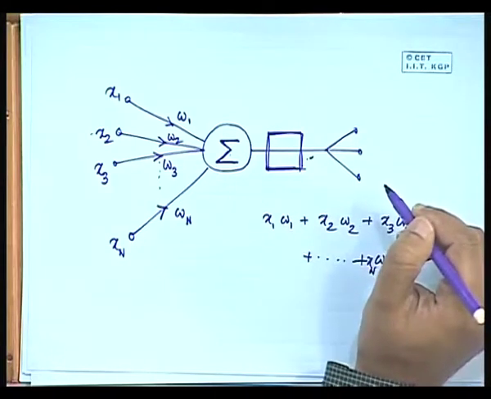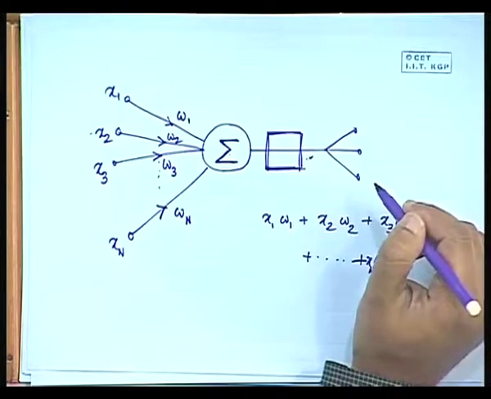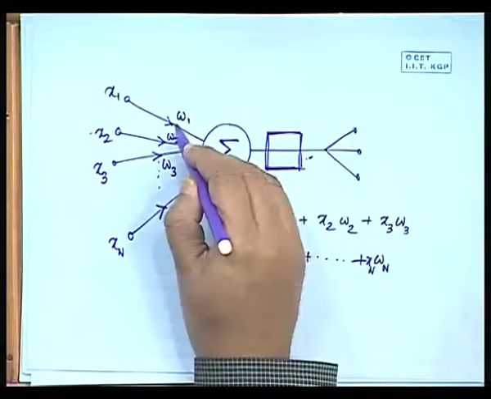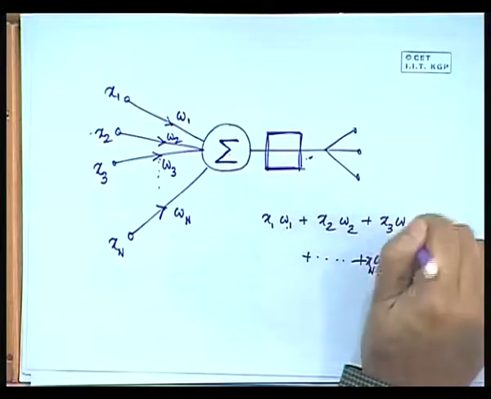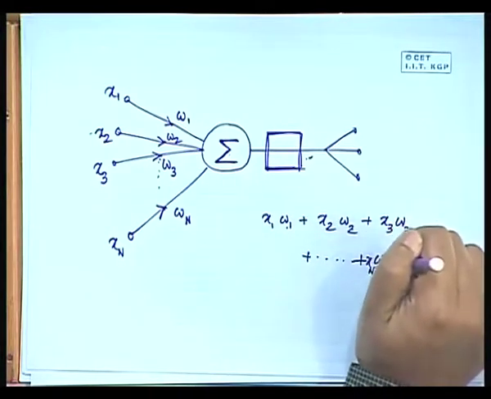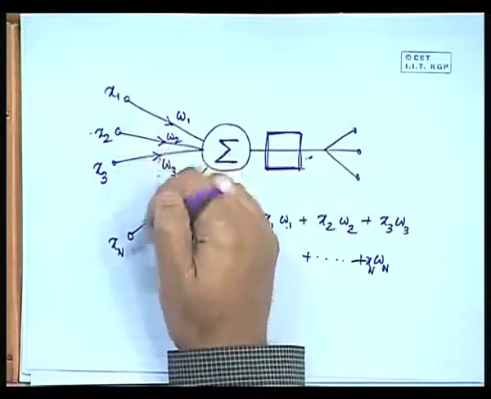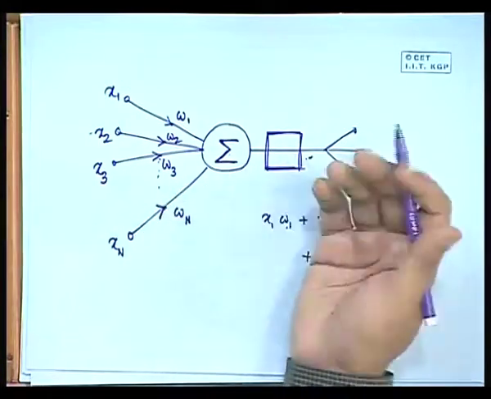Now, if that output is different from what is desired, then what we have to do is simply change the strengths of these connections. We have to change W1, W2, W3 up to Wn, so that with this same set of inputs, still remaining at x1, x2 up to xn, we can obtain an output that is close to the desired response. So, this is the equivalent model.